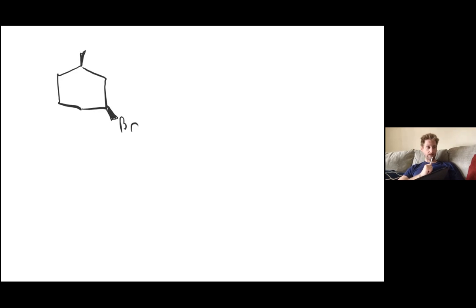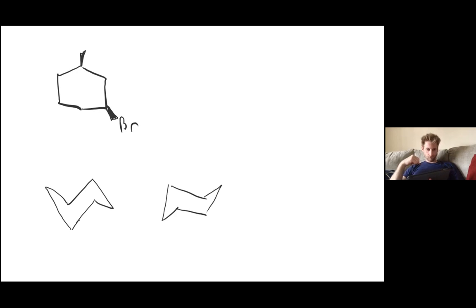Everything's going to have 2 chairs. So you might as well just start by drawing both of them. The way I would approach these is pick something to be carbon 1.